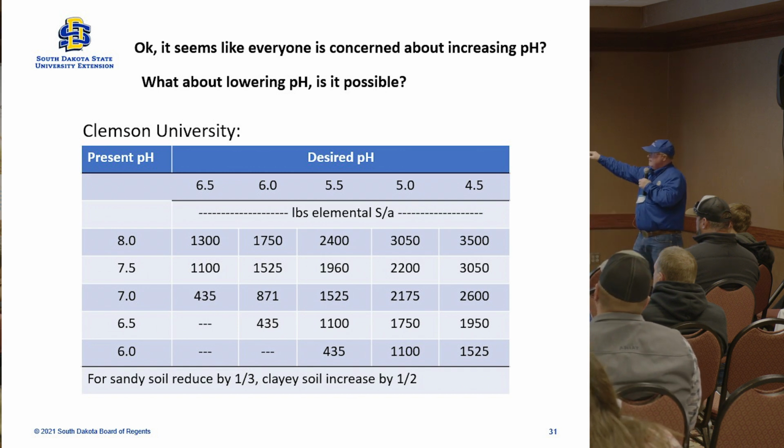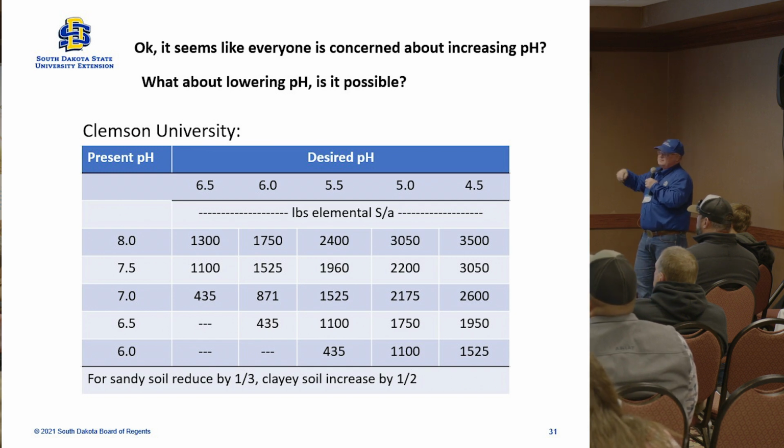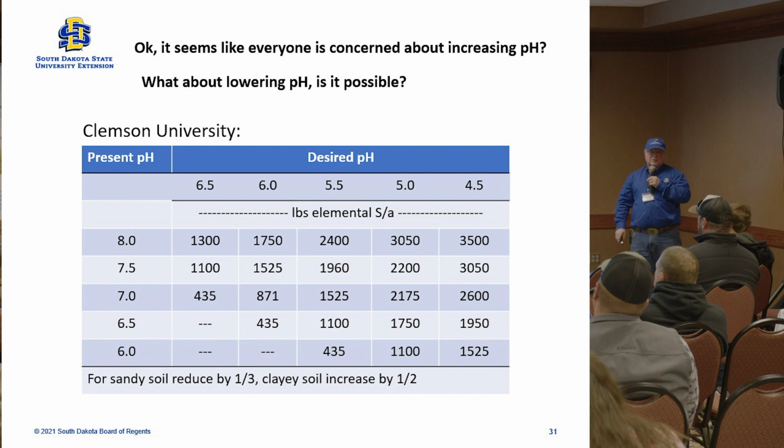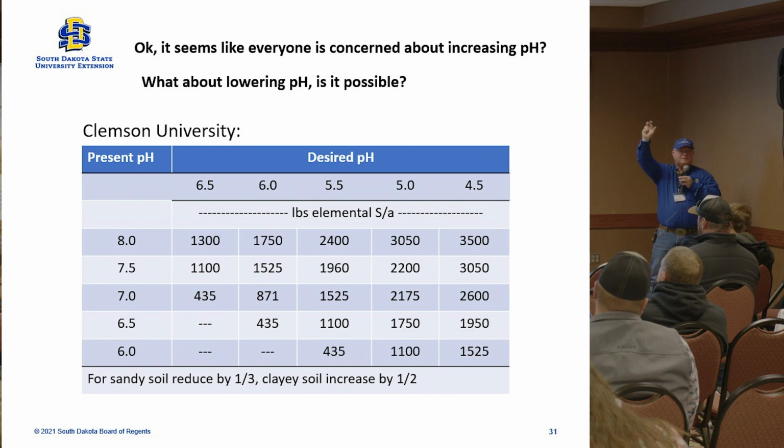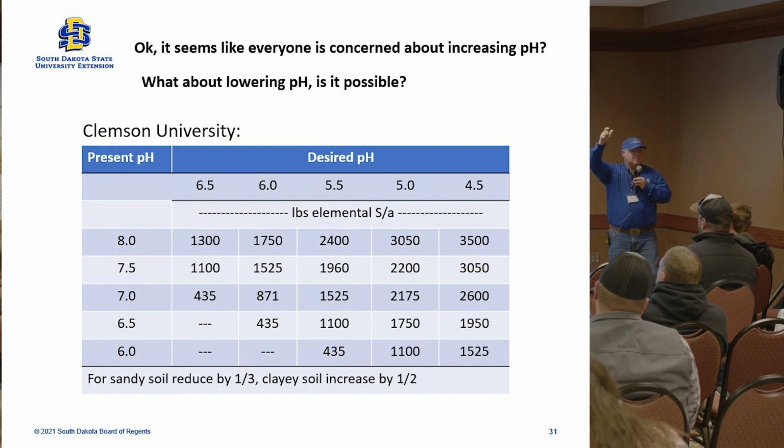You can see that the rate of elemental sulfur goes up the more acidification you want to do. So elemental sulfur interacts with soil biology and acid is produced. Kind of making your own battery acid in the soil, if you will. H2SO4, sulfuric acid.